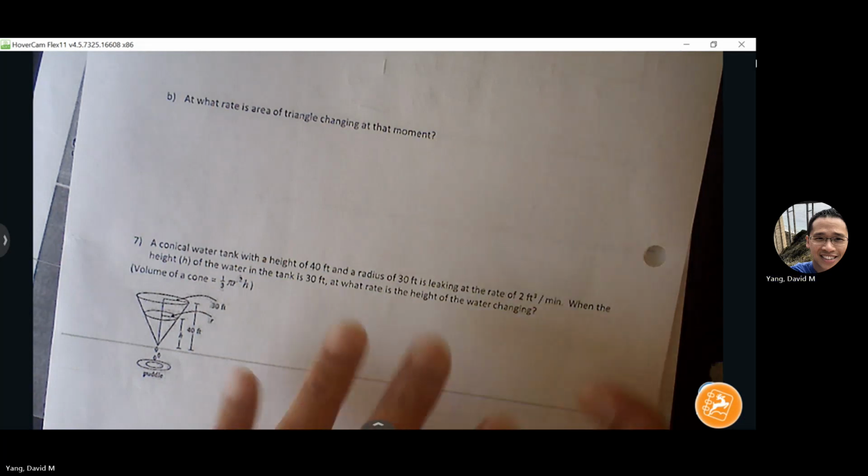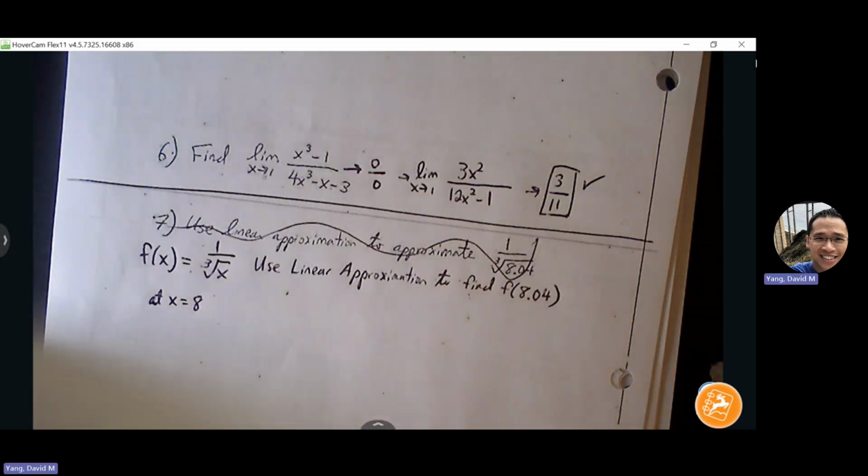Did we finish number 6 on page 6? No, okay. Let's do that one because that one has the area of a triangle in it.